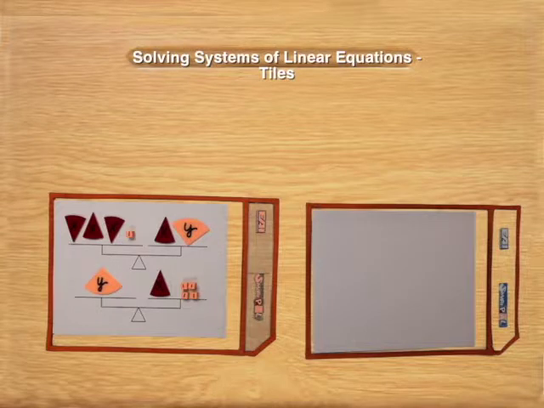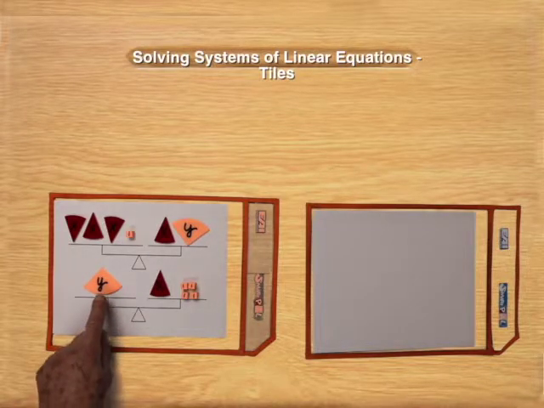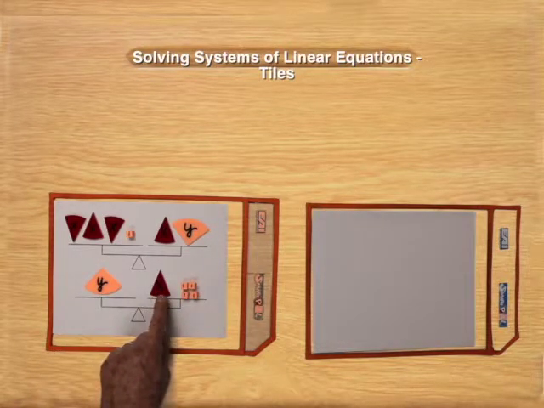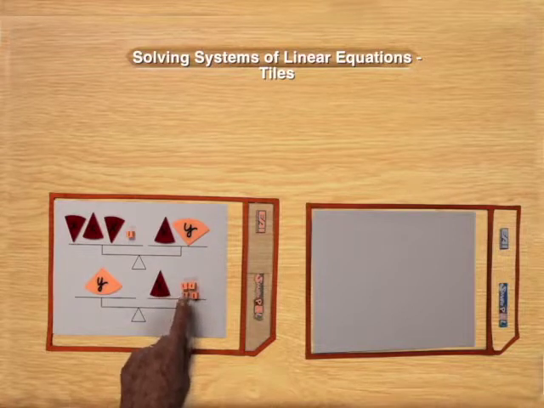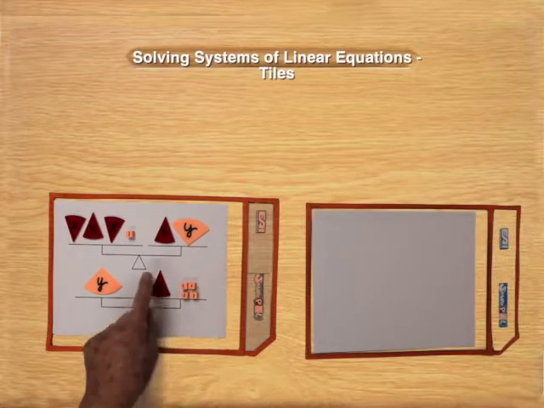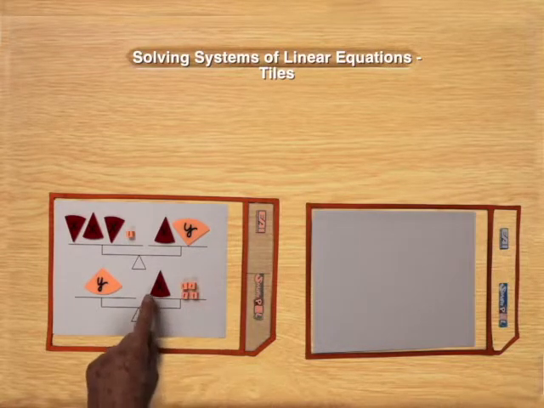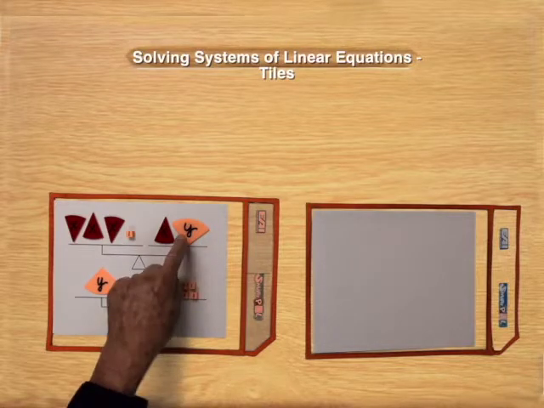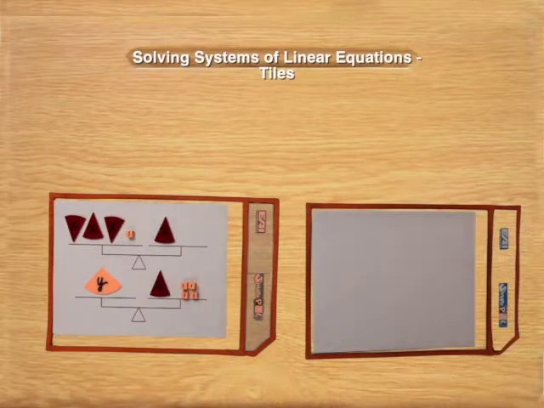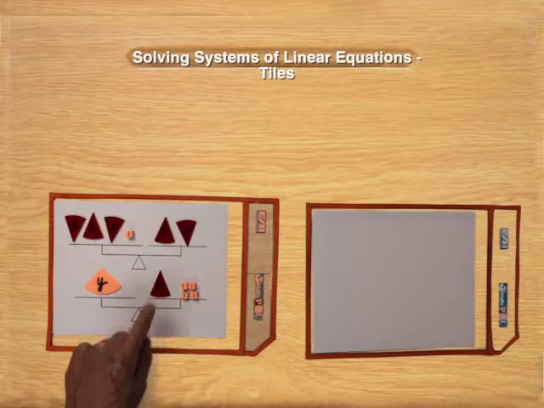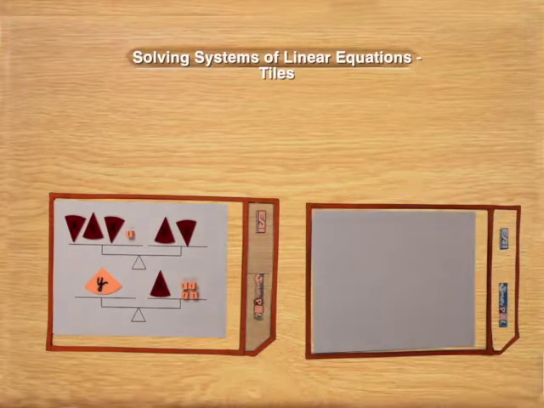One way of doing this is, since we know that y balances x and 4 ones, we can substitute the x and 4 ones for the y up here. So let's do that. We take out the y and we substitute the x, which is here, and 4 ones.